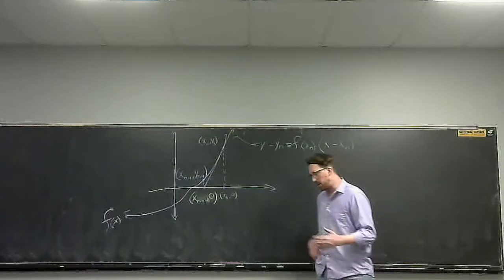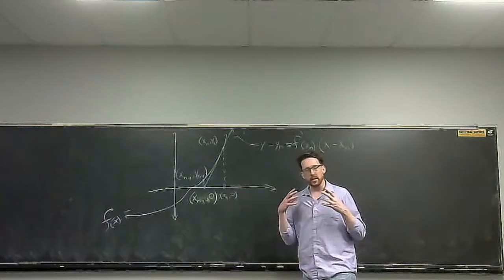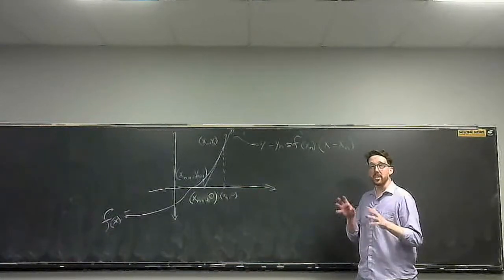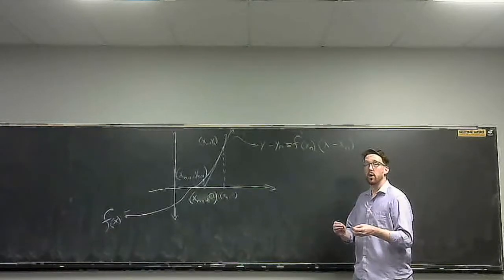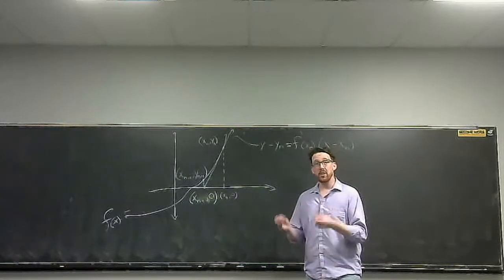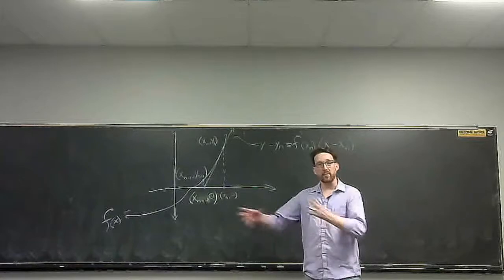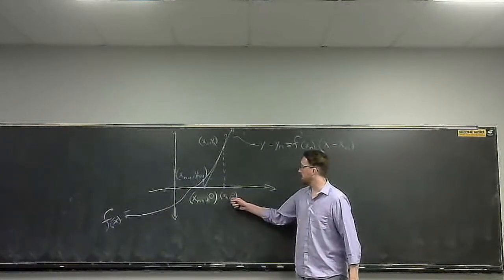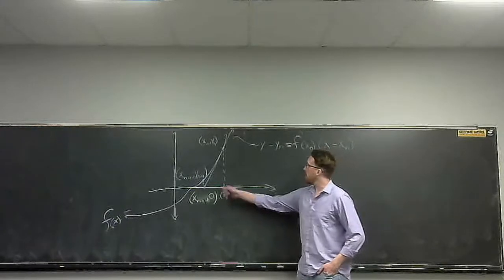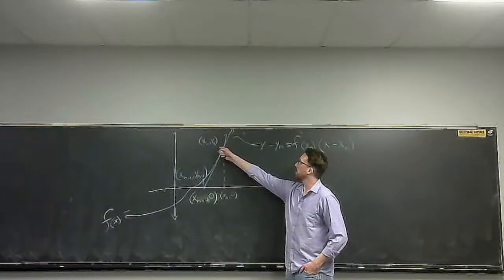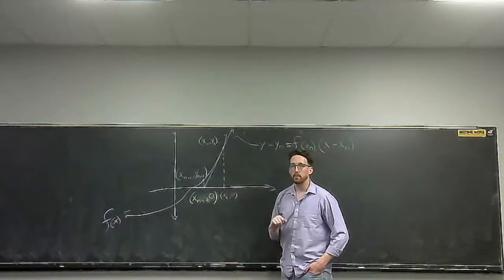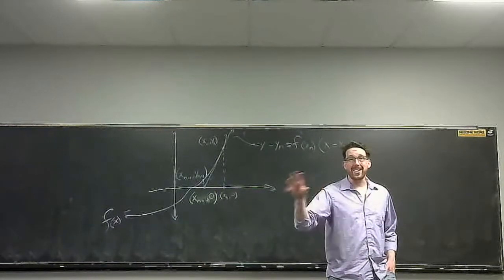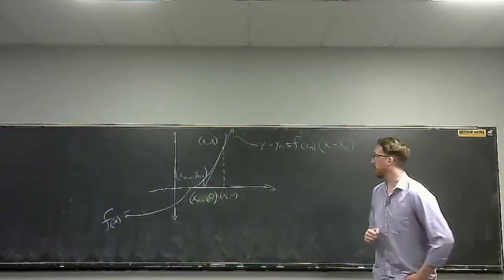Okay, so to explain the math and what this is going to look like, we're going to assume we've applied this n many times. So we're looking at the nth x value. After doing this n many times, we're now at (xn, 0). We go up to our function to the point (xn, yn), and we form the tangent line, the line tangent to our function at that point.